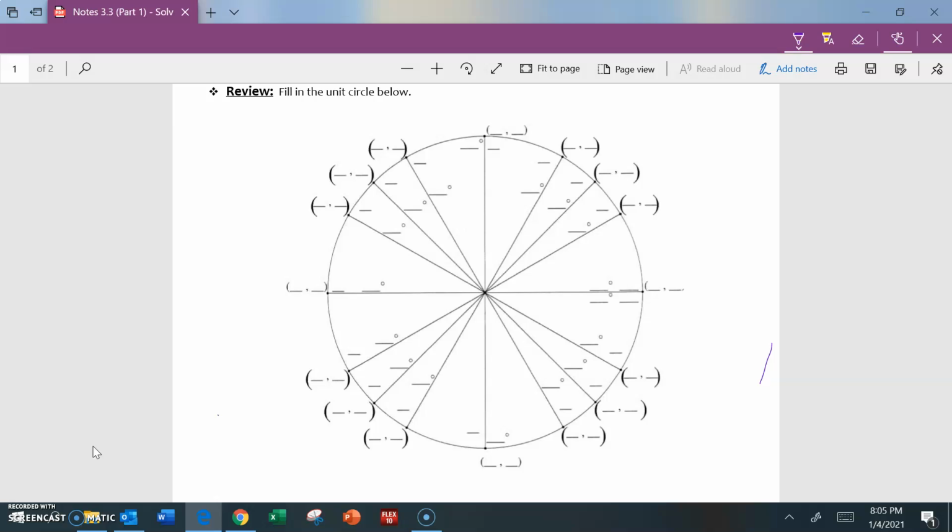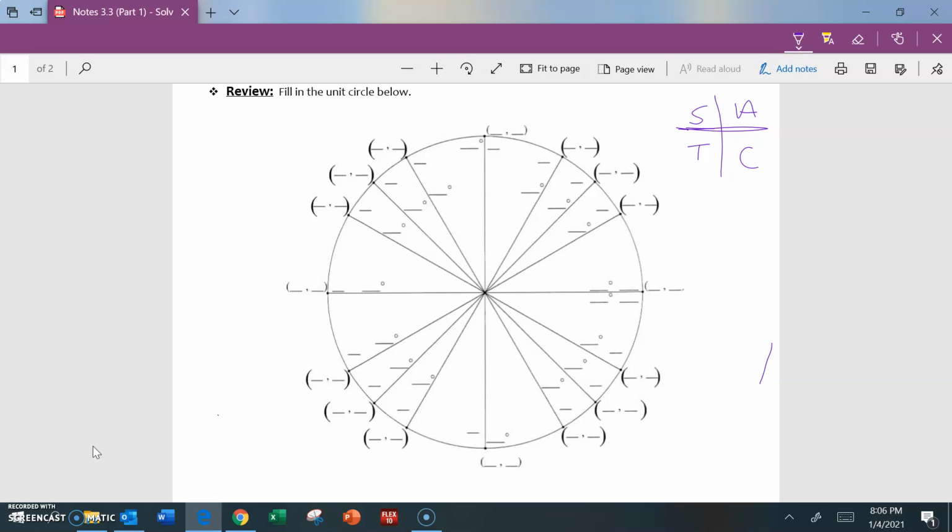So if you can remember the little things like "All Students Take Calculus" to help you remember whether the value of the sine, cosine, tangent, etc. of an angle measure will be positive or negative. So please remember that.